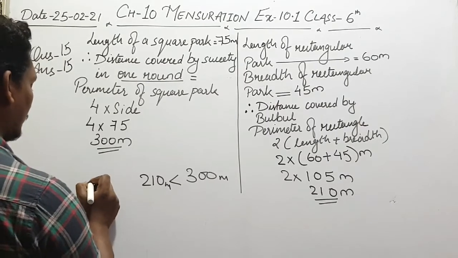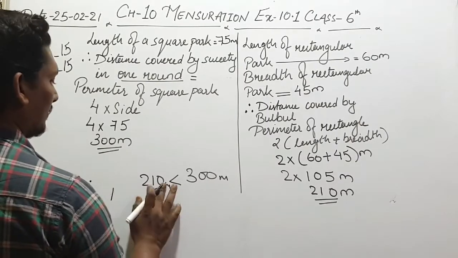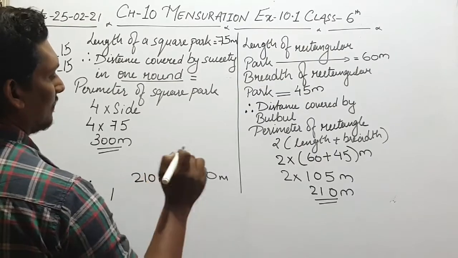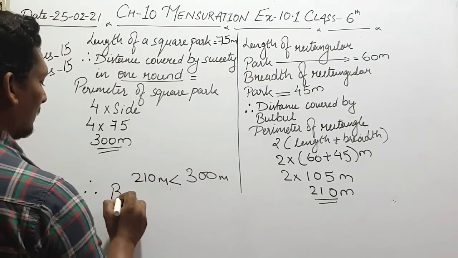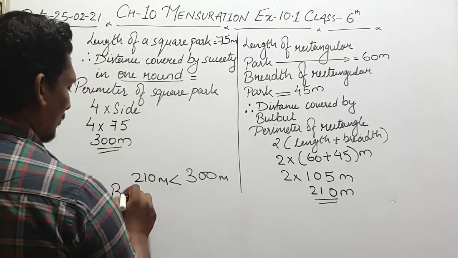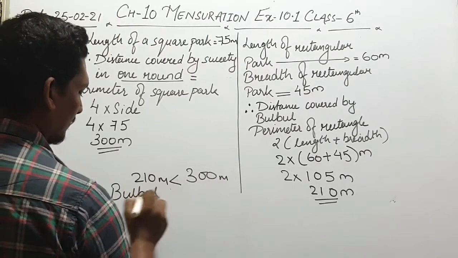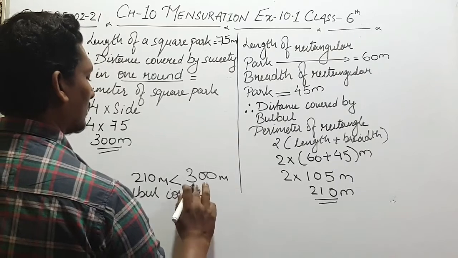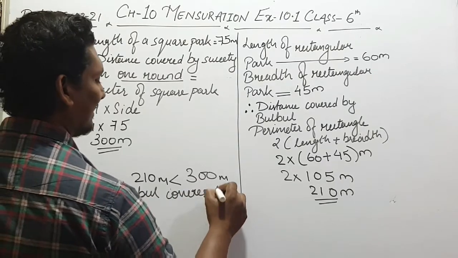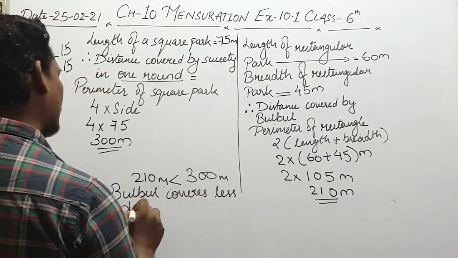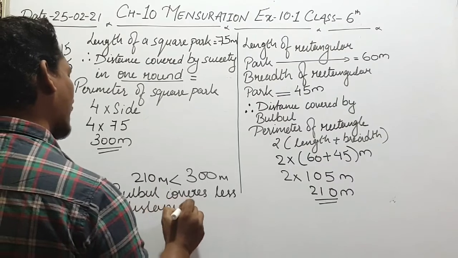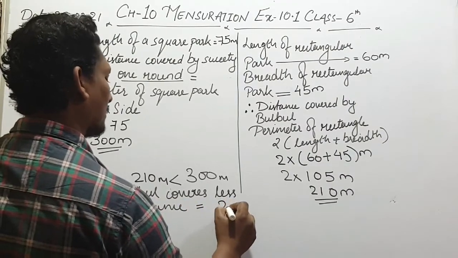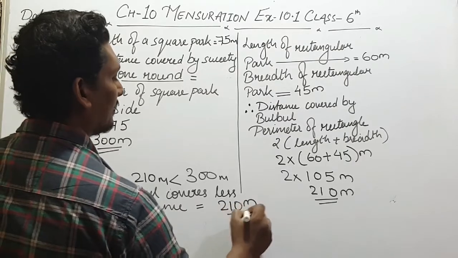Therefore, this is 210 meter. Okay. Therefore Bulbul covers less distance. That is 210 meter.